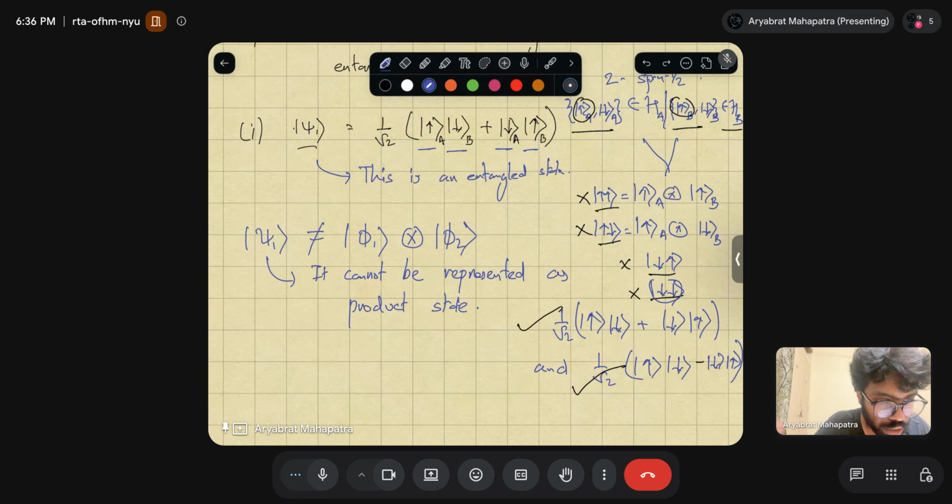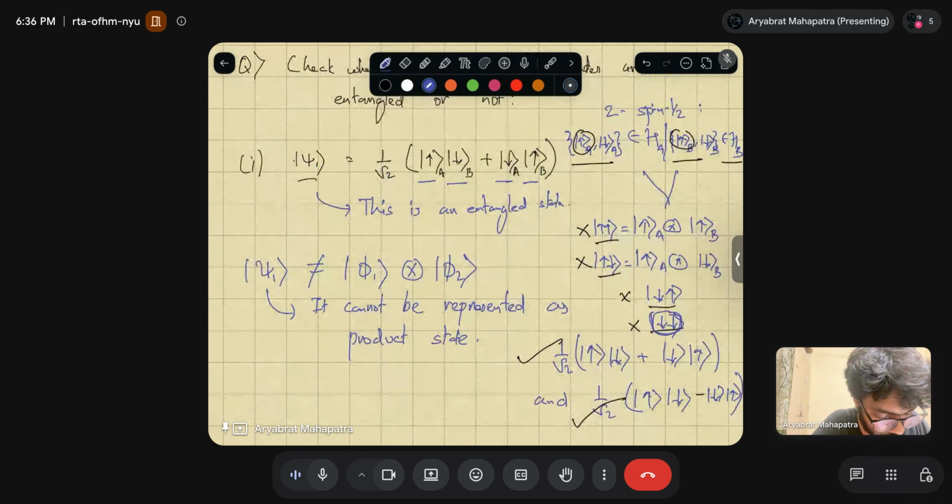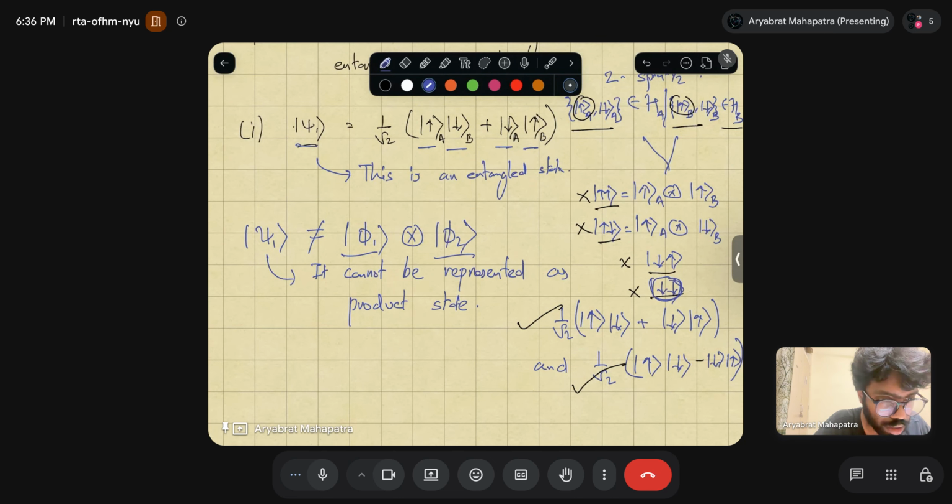The point I am trying to make is that the entangled state is a linear combination of product states, not just a product state. If you just have a product state, for example if psi 1 were simply phi 1 tensor product phi 2, then it cannot be an entangled state. I hope you understand now. So you got the point.